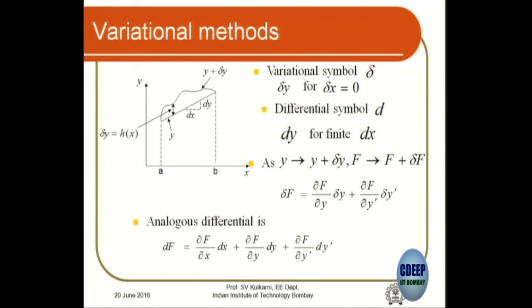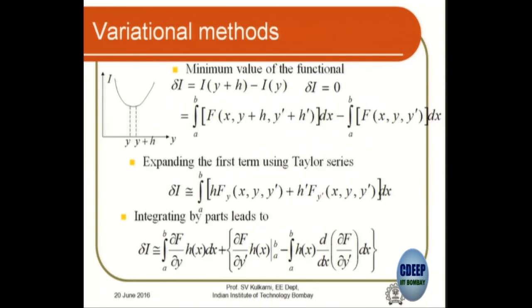That you now have to express mathematically, and it can be nicely expressed using del I equal to I of y plus h minus I of y. When del I equals 0 at that bottom point, it will tend to 0, is it not? When you change h at that point, you are not going to get much change in total energy, and that is the minimum point, right?